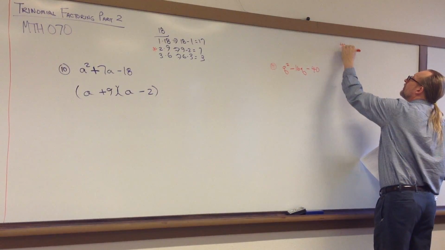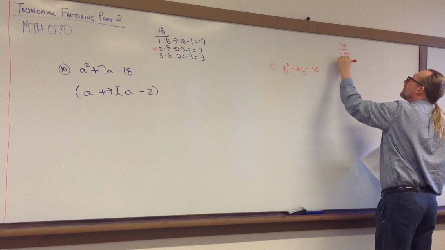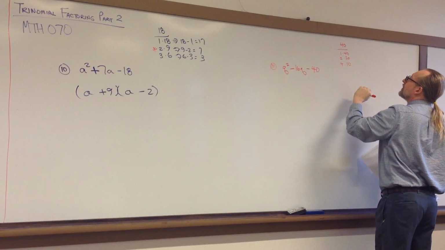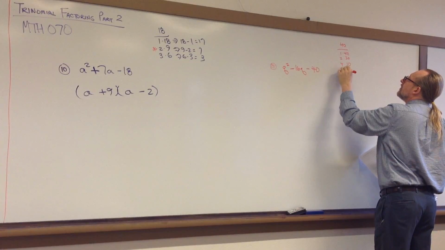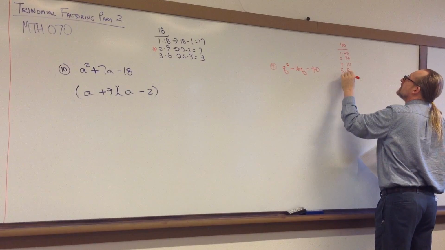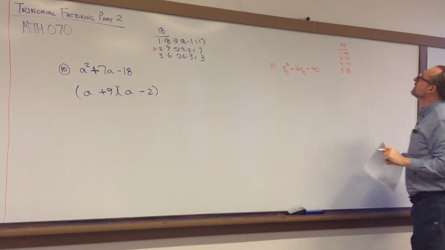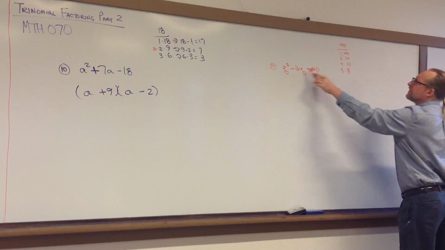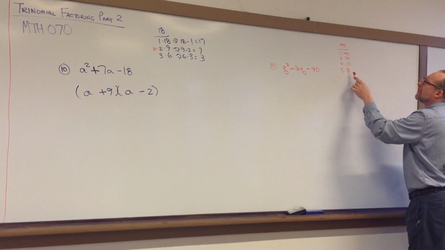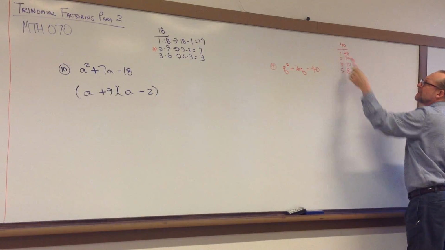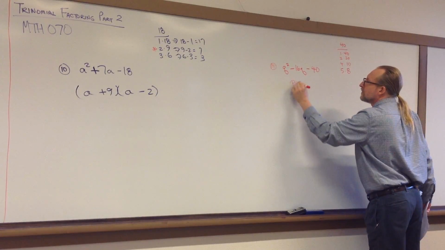So let's see here. 40 is 1 times 40, 2 times 20, not divisible by 3. 4 times 10. 5 times 8, 6, and I think that's it. Those are the factors. So let's see. If any of these have a difference of 16, this is a difference of 3, difference of 6, 18, and 39. So this one is prime as well.